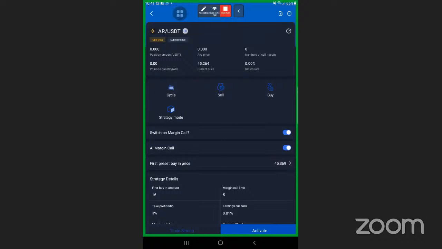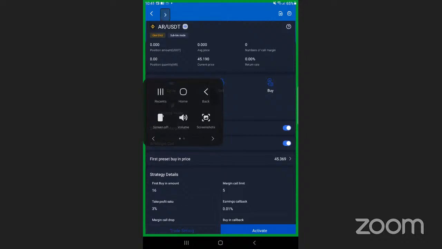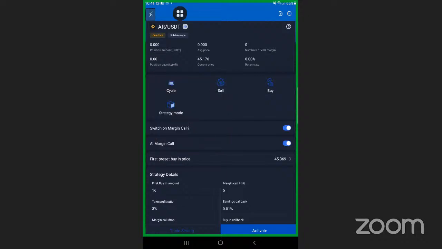So let's use this one, 45,263. Let's use 45,210. Okay, it is coming down quicker. Can you see the current price is moving quicker now? Can you see it has already come to 45.19?